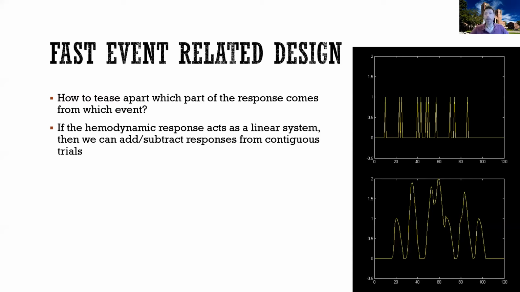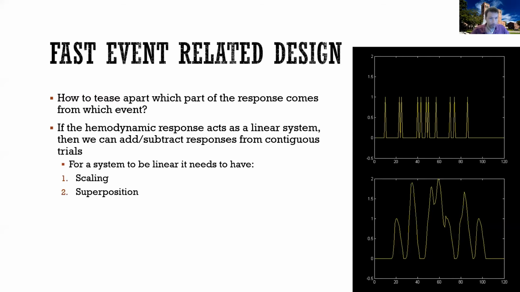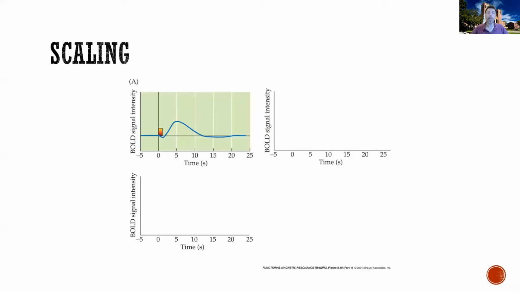Now, what does it take for a system to be linear? Well, 2 things mainly: scaling and superposition. So let's look at each one in turn. Scaling is simply the idea that the BOLD response scales linearly with the intensity of the stimulation. So if we have a small stimulation, which is represented by this little red to orange gradient, then the BOLD response is this much.